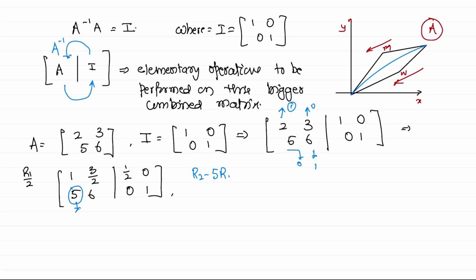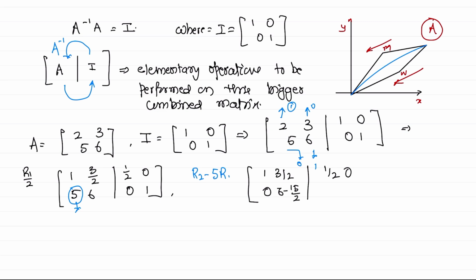R1 will not change because we are operating with R1. R2 will change. R2 minus 5R1 gives 0 here, and 6 minus 15 by 2.